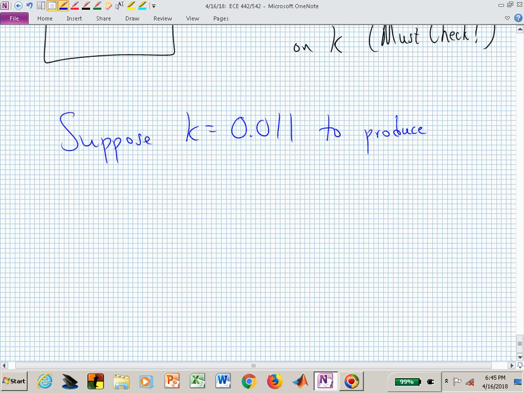Suppose K is equal to 0.011. This you just told me is the gain at the breakaway point. And that value of gain K will produce 3 real poles.